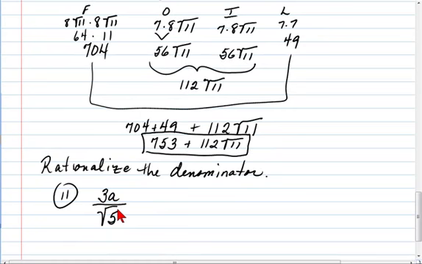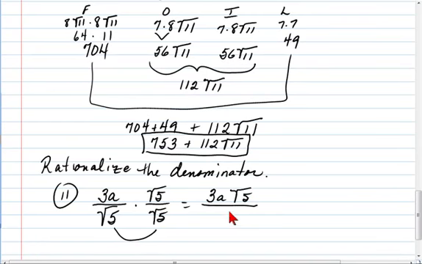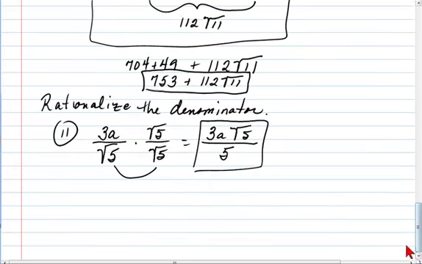To rationalize a denominator that has a single radical, I'm going to multiply by the radical over itself, and that gives me 3a times the square root of 5 over, hopefully you remember, the square root of 5 times the square root of 5 is 5. Look at your numbers to see if you can do some reducing with the rational parts. You cannot in this problem, so it is complete.